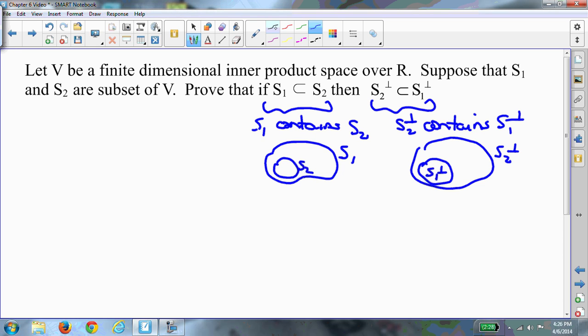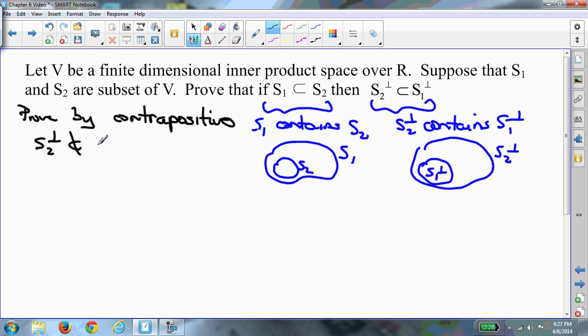So I'm actually going to do a proof by contrapositive. I'm going to show that if S2 perp does not contain S1 perp, then S1 does not contain S2. So basically I'm going to reverse it and use the opposite.